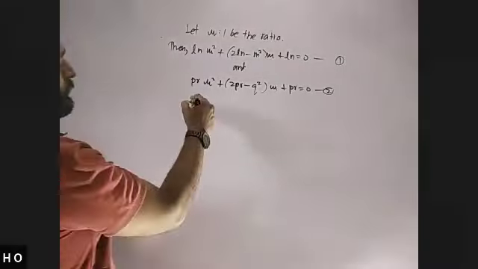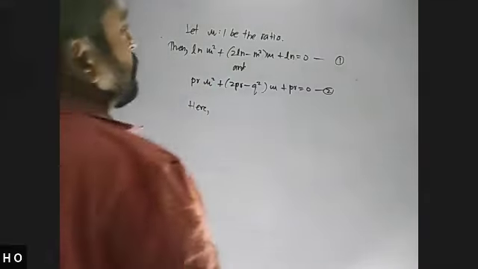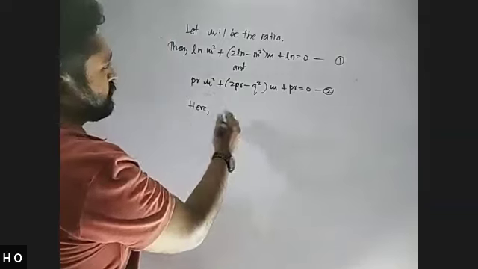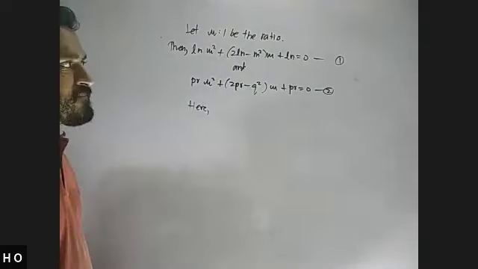So here you can see b squared minus 4ac, it is plus or minus the square root of b squared minus 4c, upon 2. By the way, it is hard.